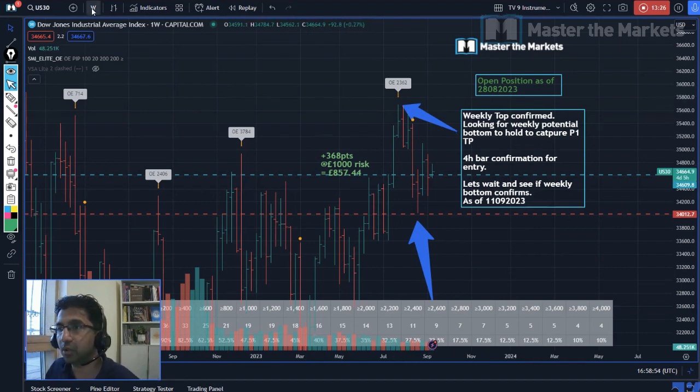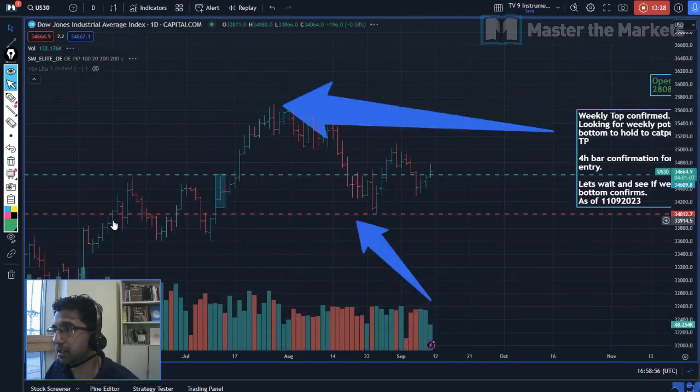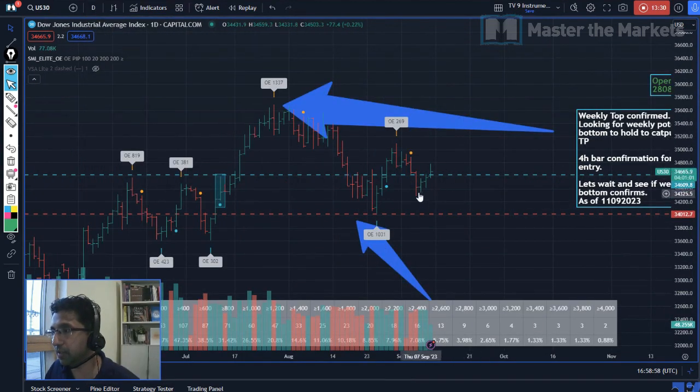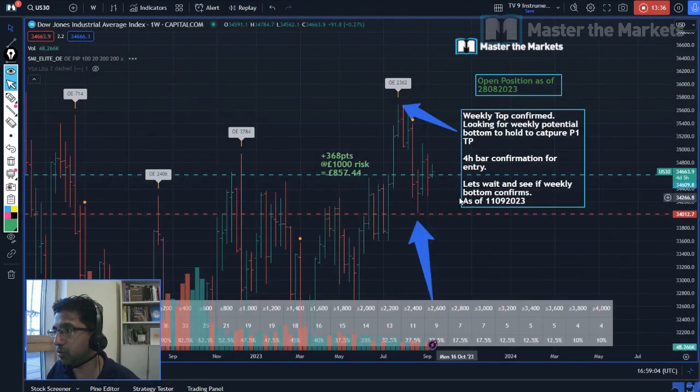And if I take a look on the daily, can I trail this anywhere? If this bottom confirms on the daily, maybe we could trail it. But we just got to be cautious because we are looking to get the open equity on the weekly. Definitely I can safely trail it once this top has been taken out. So we'll wait patiently and see in the beginning.